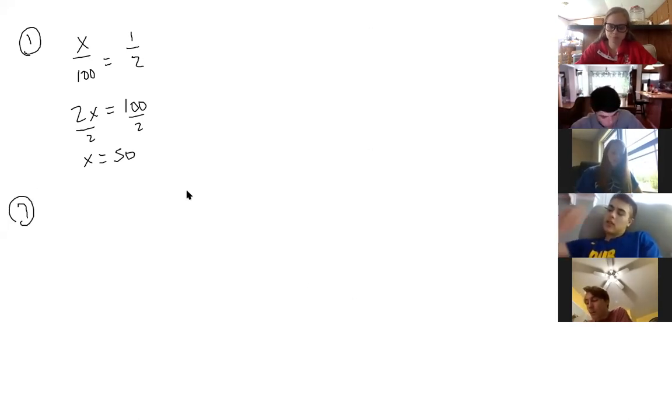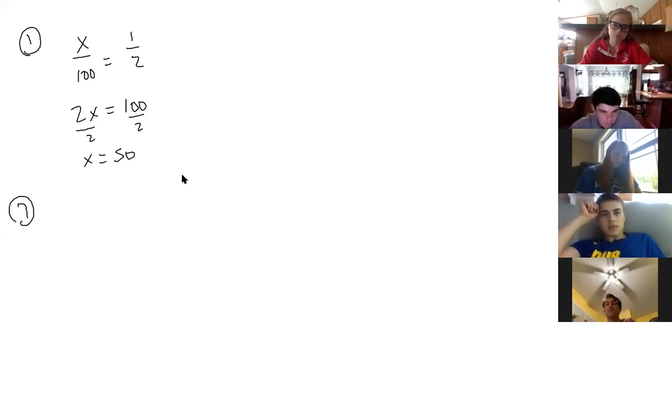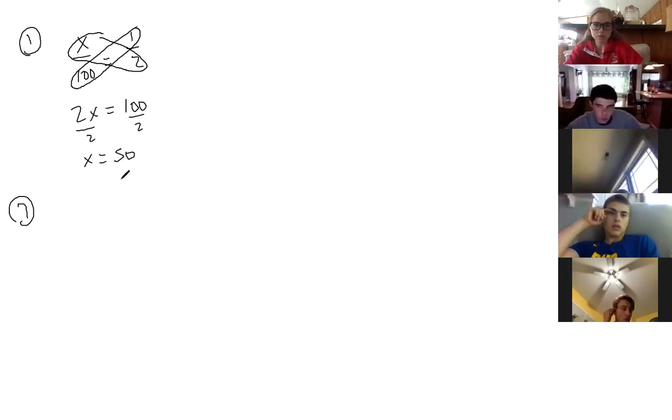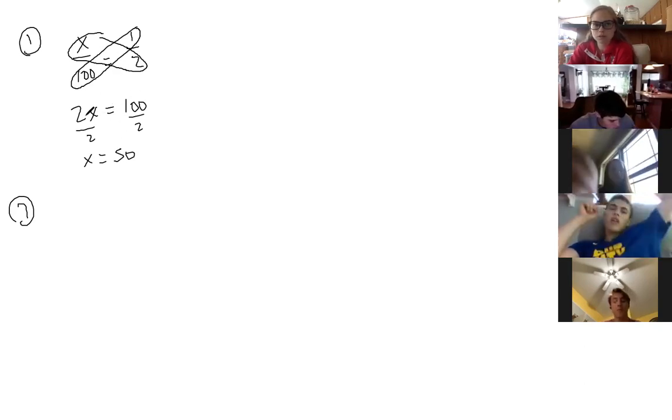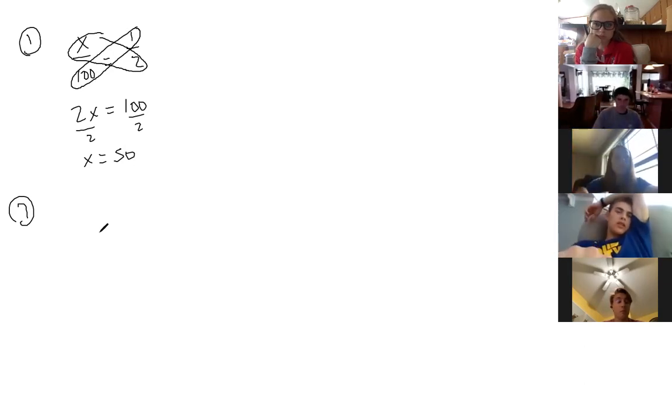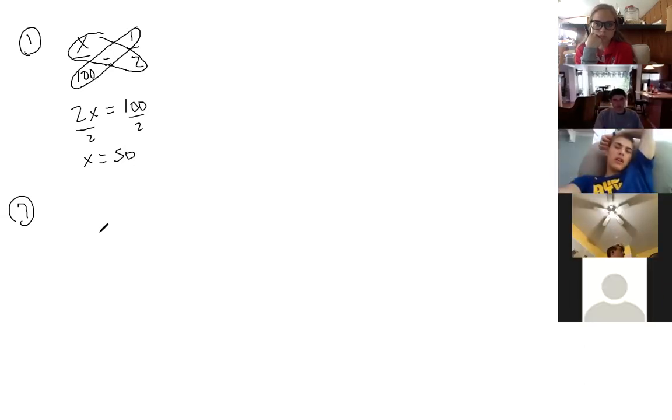Question. How did you say you cross multiplied? So wait, you did 100 divided by 2. Cross multiply. If you have proportions here, cross multiply and set those products equal to one another. So 2x, 100 times 1 is 100. I thought that you divided the 100 by the 2. Well, that's what we ended up doing.